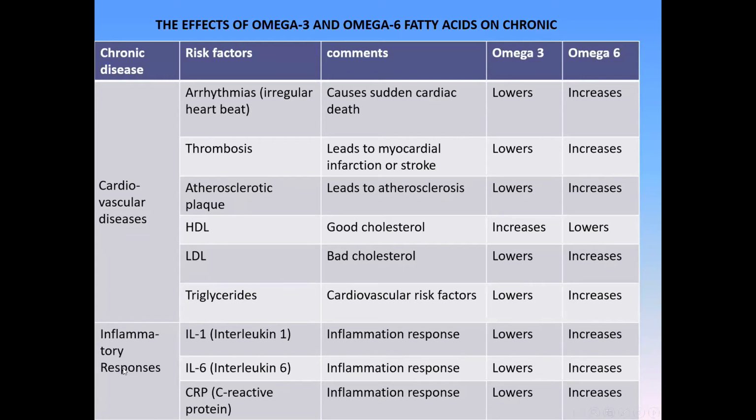Also, the inflammatory responses, because the omega-3 will lower the inflammation response, or the number of interleukin and CRP, C-reactive protein, while they increase with the omega-6. The thrombosis increases with omega-6, while omega-3 can lower the atherosclerotic plaque, which also increases with omega-6 and decreases with omega-3.